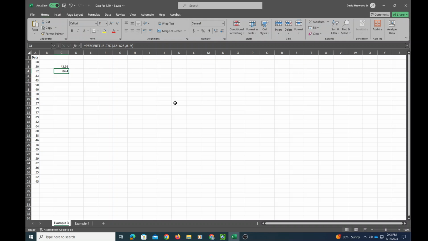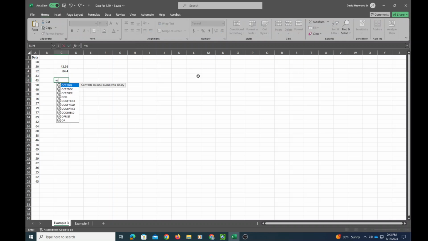So for my value of 82, I would say equals percent rank.inc, that's that function down there. I'll hit tab, select the data, and then comma, and then I want the percent rank for a value of 82. So a value of 82 would be at the 88th percentile, roughly.